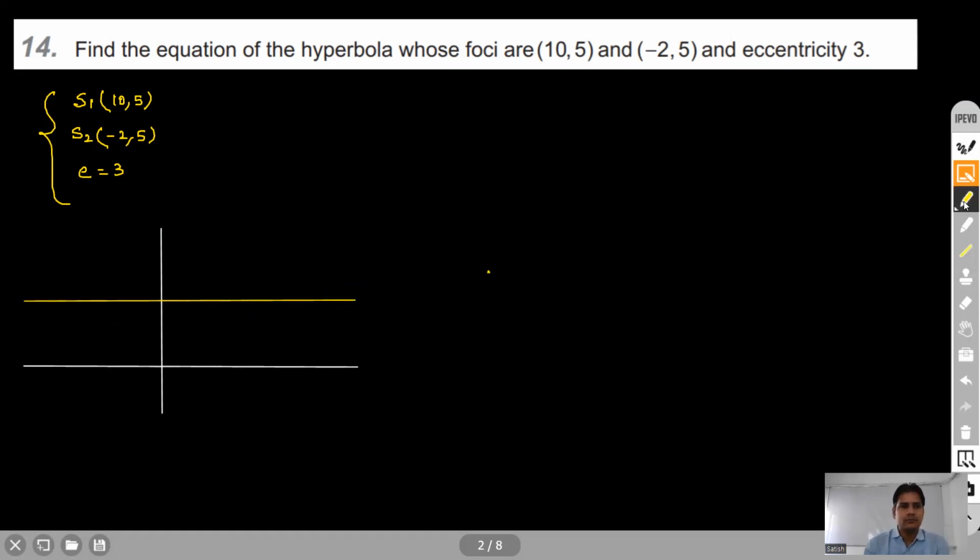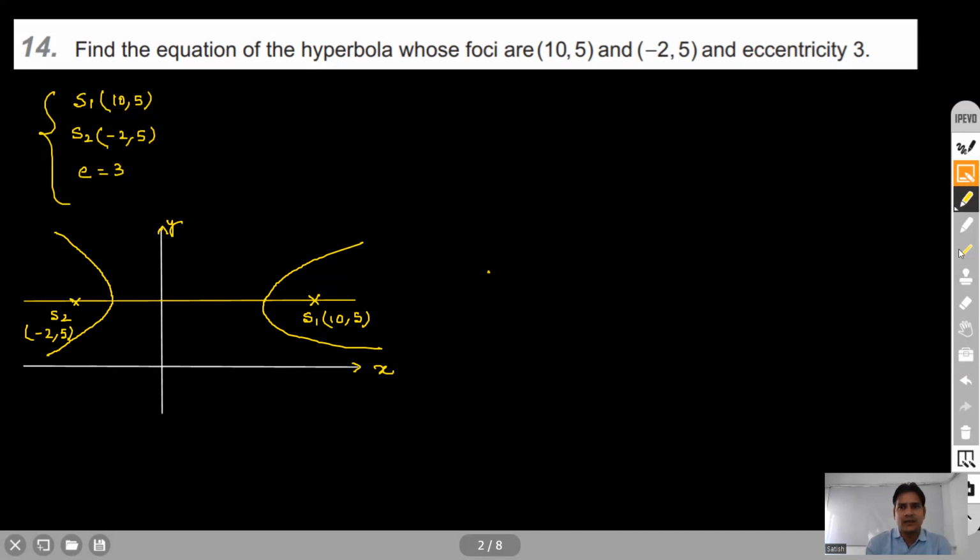Now, see, suppose this is my y-axis, okay, and this is my x-axis. So basically, this S1 is given as 10, 5. Okay. And here is our S2, second focus, whose coordinates are minus 2, 5.